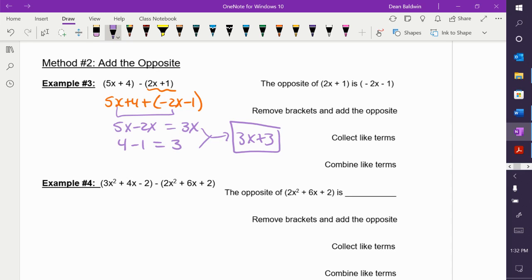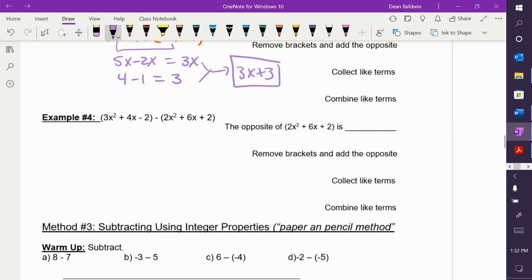Okay, one more. 3x squared plus 4x minus 2, minus all that stuff. What is the opposite of all that stuff? So we get a negative 2x squared.